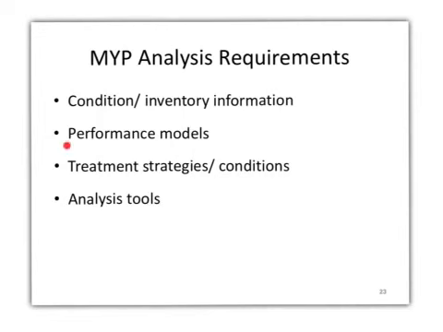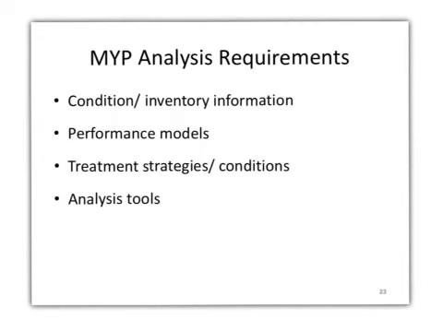Second, you also need to have good performance models. The performance model is going to allow you to predict the future performance of treatment A versus treatment B versus treatment C, and therefore you will have a good handle on the cost that you are going to spend and the benefit that you are going to gain associated with each one of those treatments.